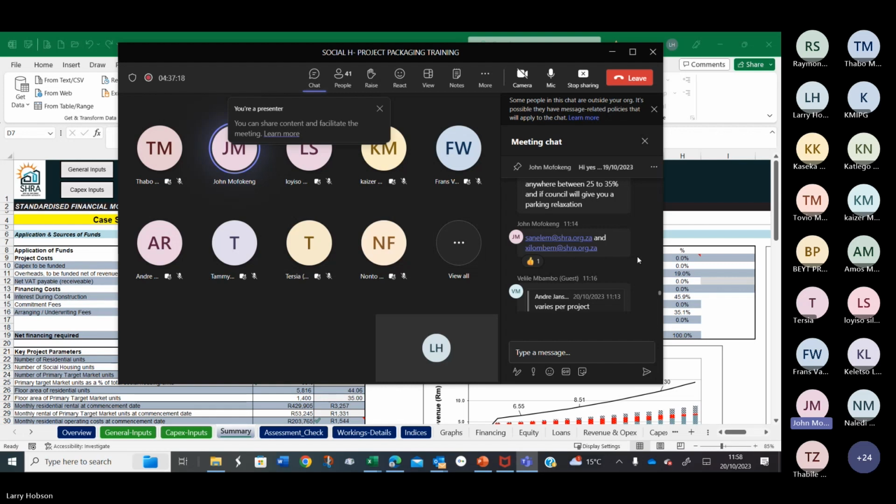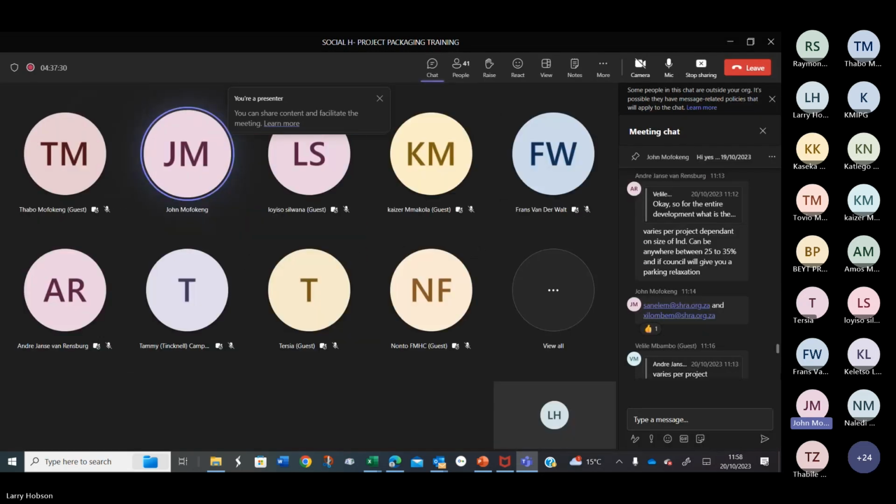I've put up on the chat line the contact details of both my colleagues, Sanele Maluleke and Shilombe Mageza: sanelem@shra.org.za, or Shilombe, spelled X-I-L-O-M-B-E-M, @shra.org.za. Let it not end here. Make contact with these colleagues, who are available to meet with you and assist with the specifics of your project application.